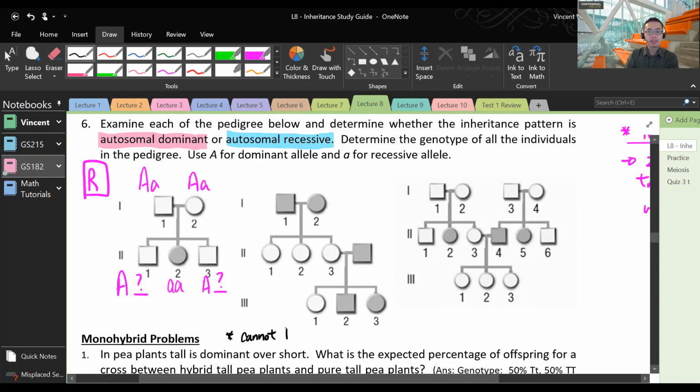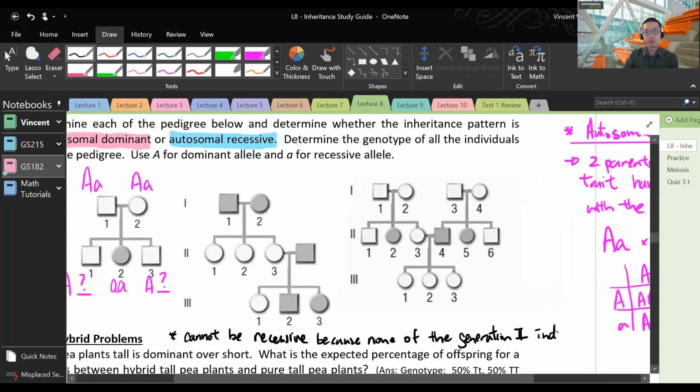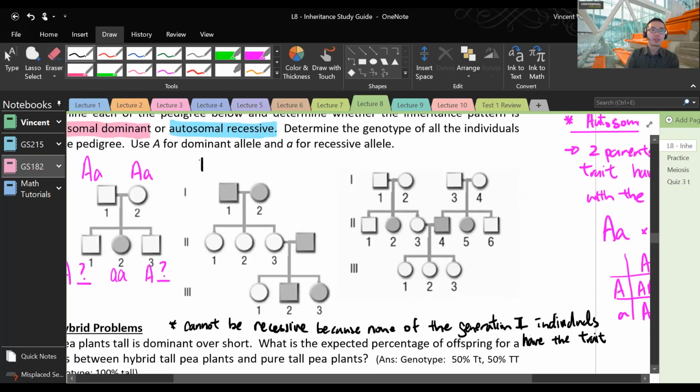Cannot be recessive because none of the generation 2 individuals have the trait, even though the parents have it. So for that reason, I know this is dominant.